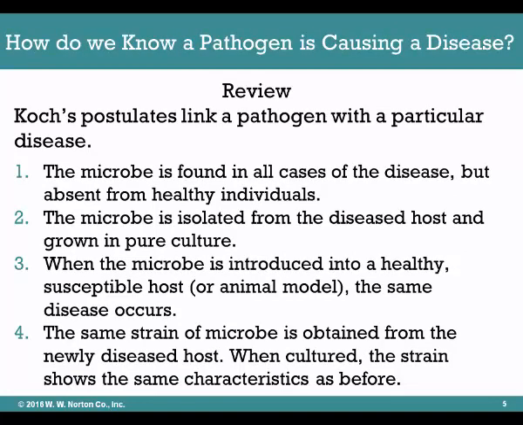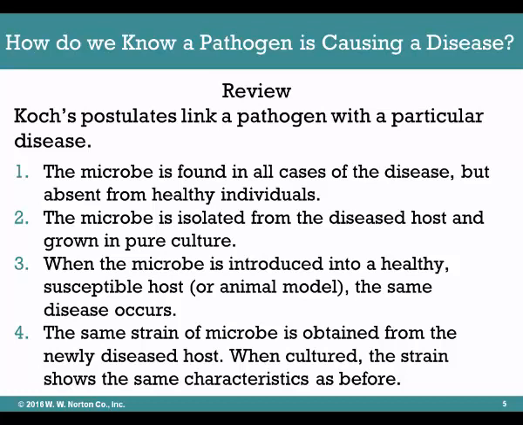So I just want to remind you that Koch's postulates we already talked about way back in the beginning of the semester. These postulates are a set of steps that are used to show a causative correlation between a pathogen and a particular set of signs and symptoms that are typical for a particular disease.